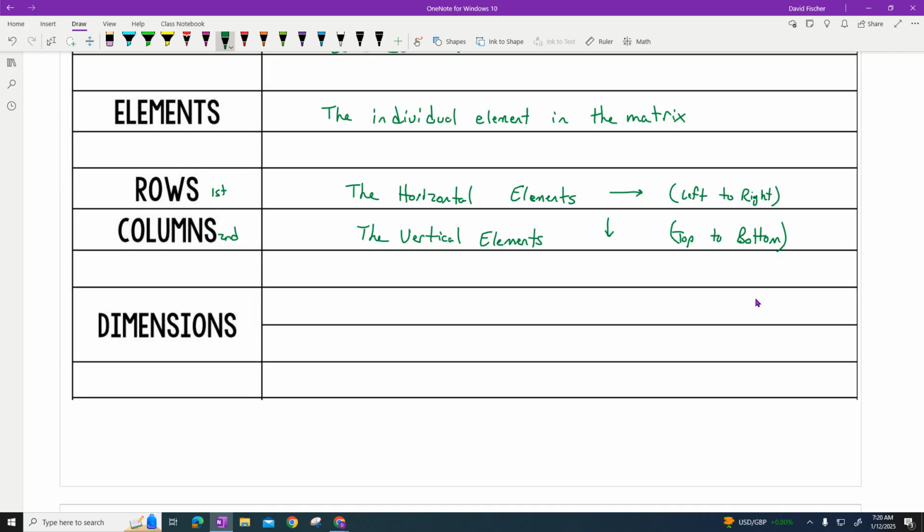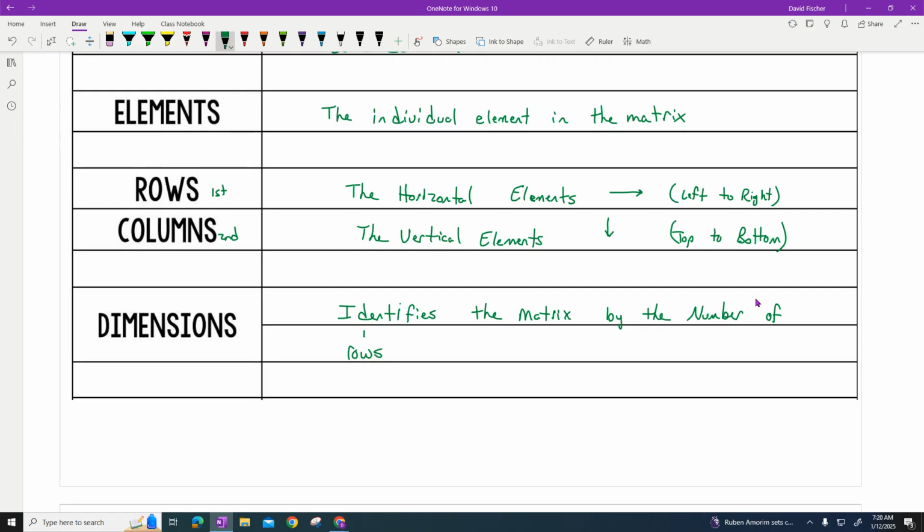Dimensions. Dimensions identifies the matrix by the number of rows.